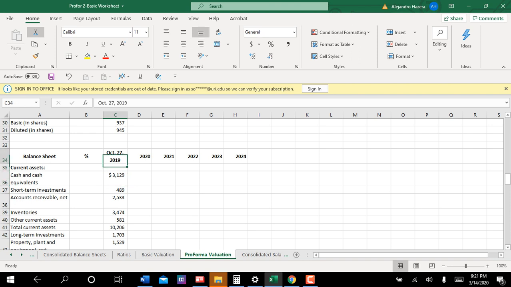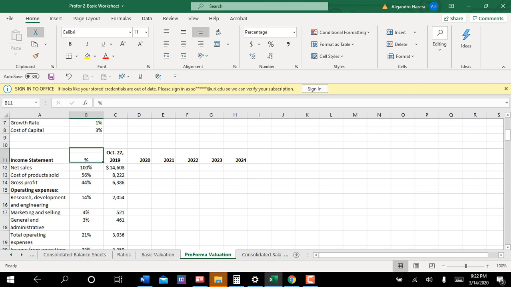That base year is the same as for the income statement, obviously, 2019. And eventually we're going to project all these amounts out to 2024, 5 years from now. Now, just like in the income statement, where all of the items were measured as a percentage of sales, we're going to do the exact same thing in the balance sheet.